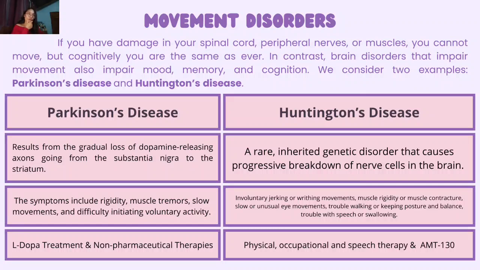One of the symptoms of Huntington's disease is involuntary jerking or writhing movements, muscle rigidity, or muscle contracture, or slow or unusual eye movements, trouble walking, or keeping posture and balance. And one of the best examples is trouble with speech or swallowing.